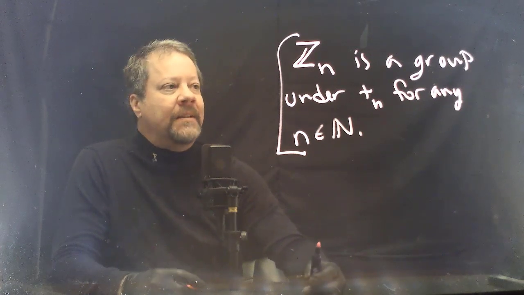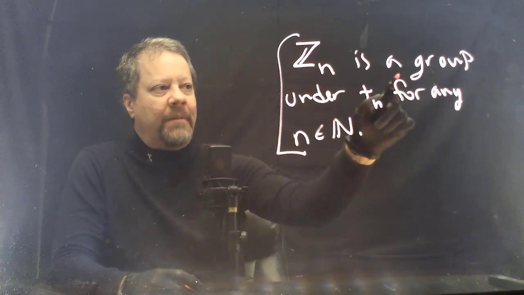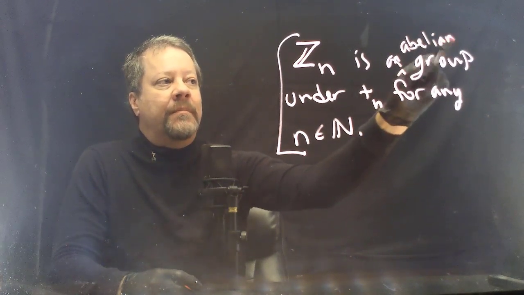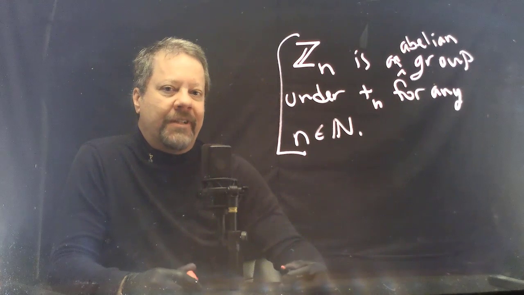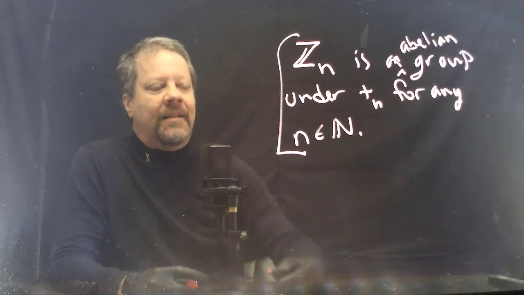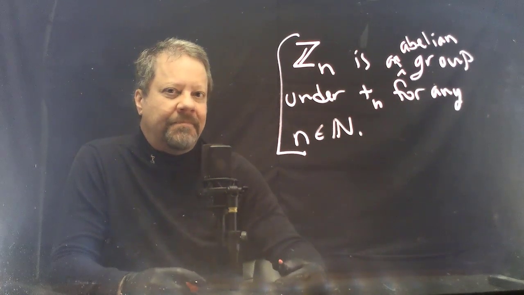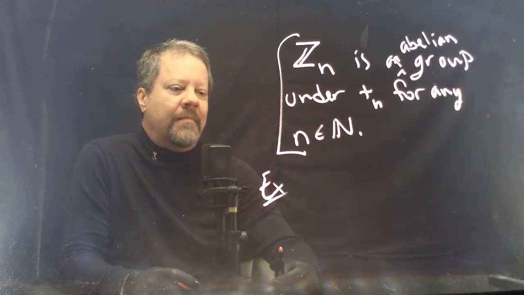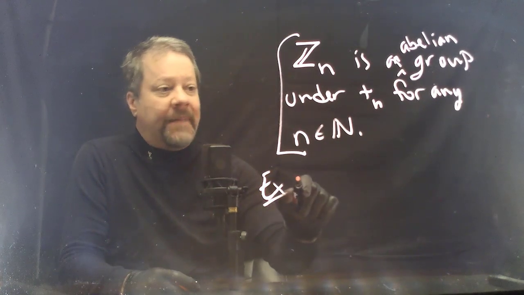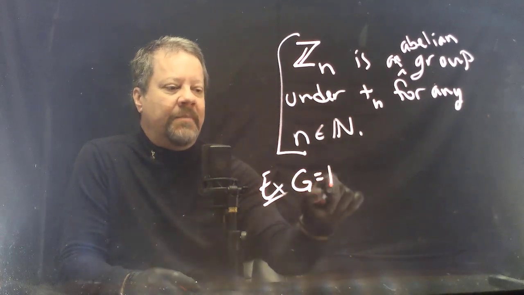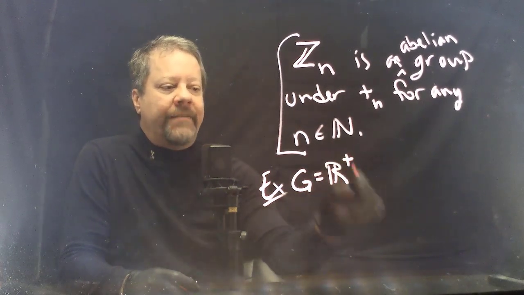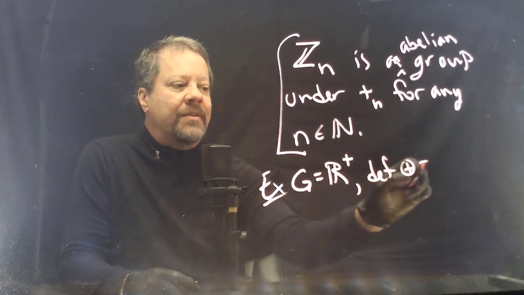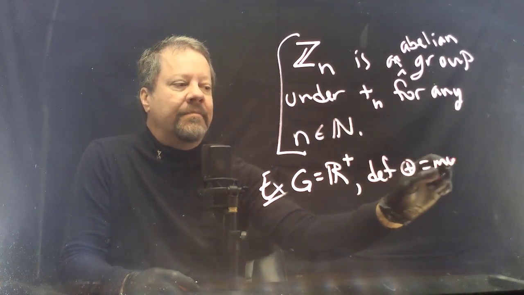In fact, it won't just be any group, it'll be an abelian group because of the commutativity of addition under the modular arithmetic. But let me give you another example. Suppose I let my group G be the set of positive real numbers, and we'll define my circle plus to be multiplication.